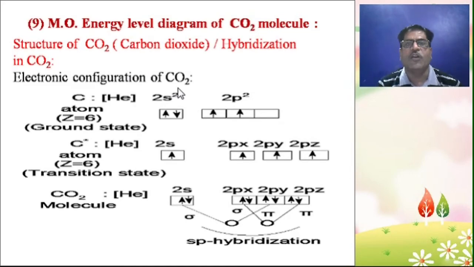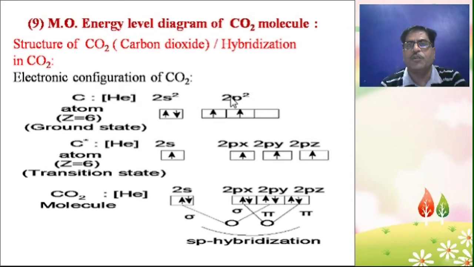Here the electronic configuration of CO2: the central atom is carbon, Z is equal to 6. In the ground state, the valence shell electronic configuration of carbon is helium 2s2 2p2. Helium is an inert gas, so it takes no part in hybridization; here helium is NBMO.